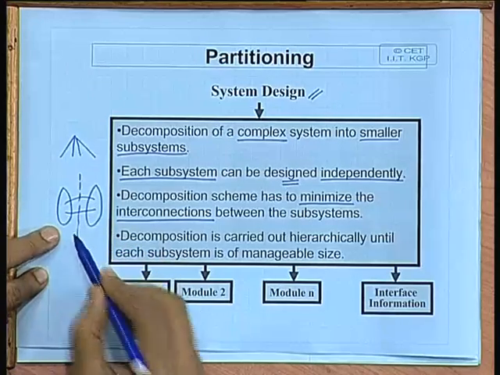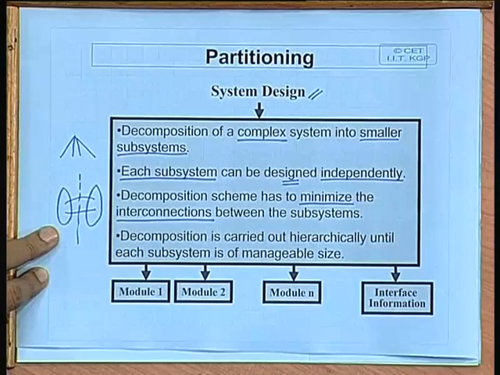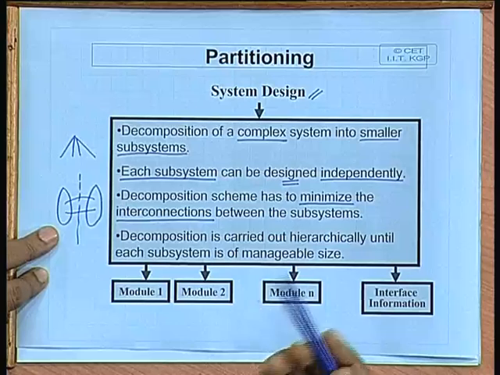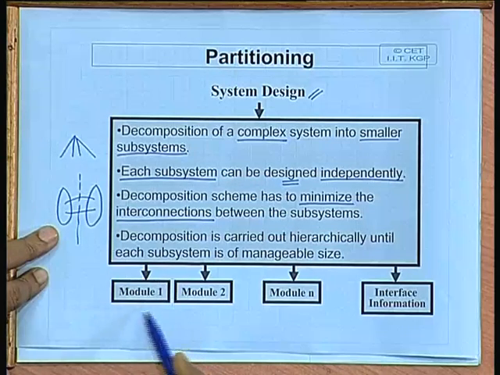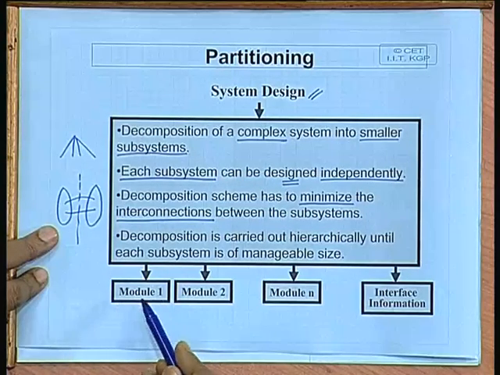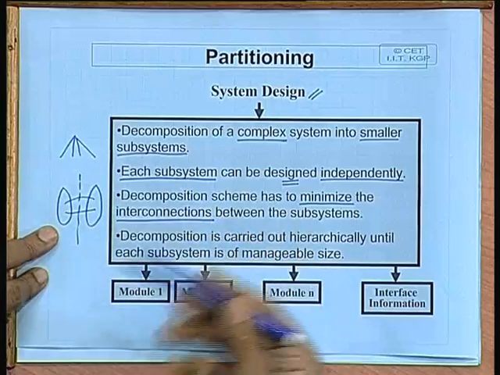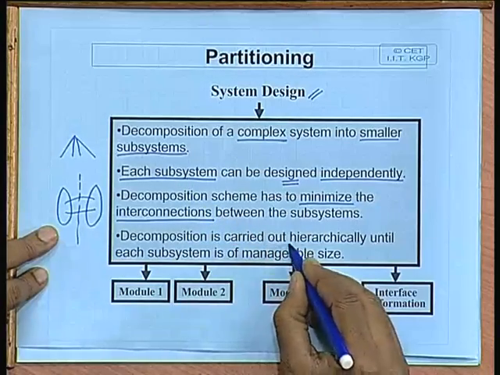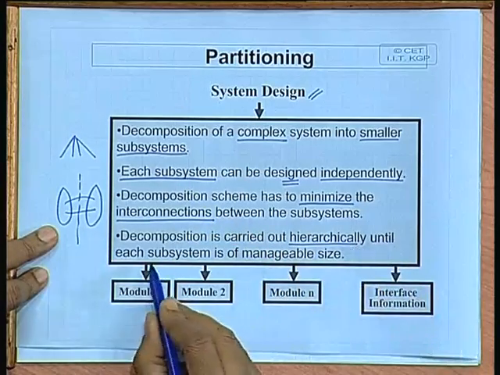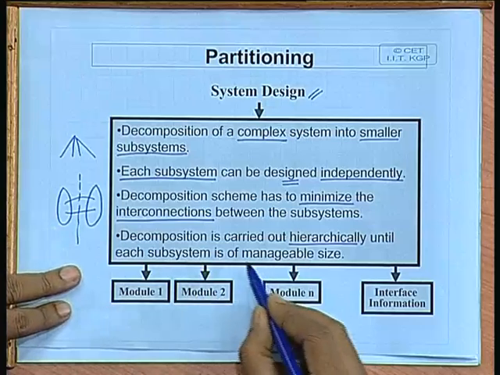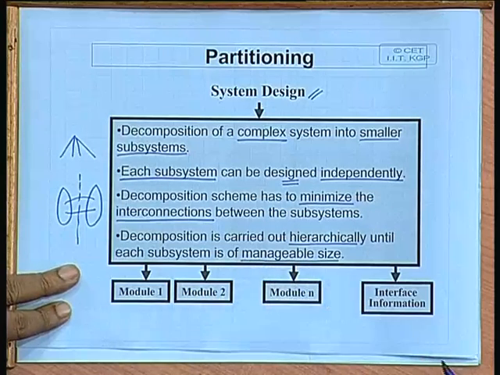That will be called a good partition, and it depends on the size of the target partitions we are looking at. We may have to do this partitioning hierarchically till each subsystem we get is of manageable size.